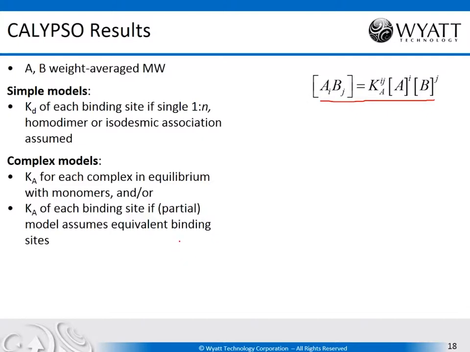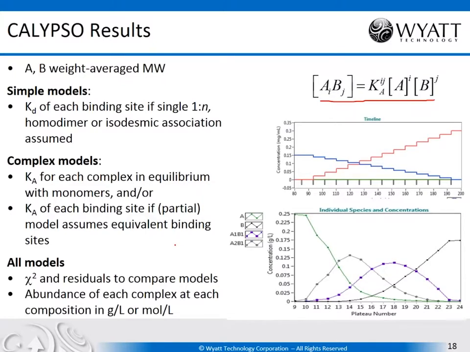And if you have in this complex model some submodels that include equivalent binding sites, you'll get the Ka for each binding site. We also produce a chi-square value and residuals, so you can compare models and determine the best fit model, and also provide the abundance of each complex at each composition. So this corresponds to the various compositions.